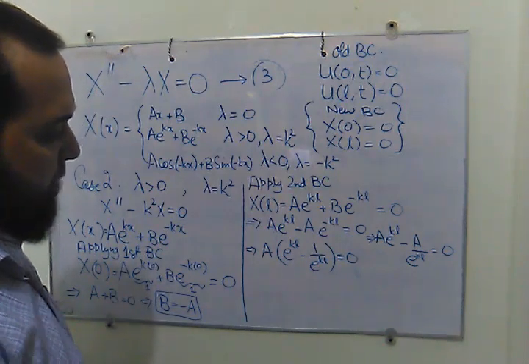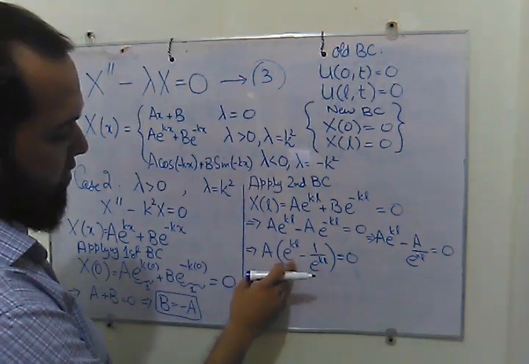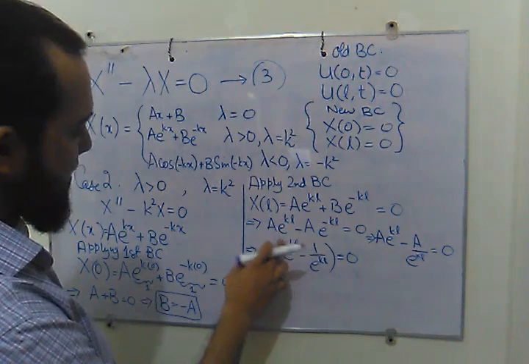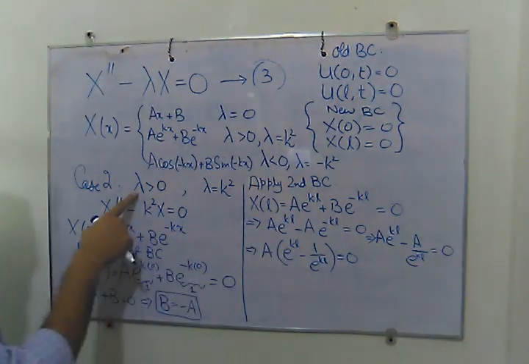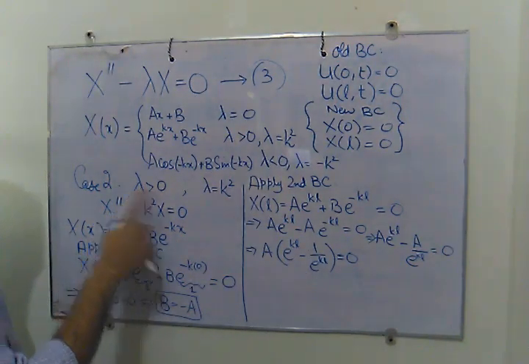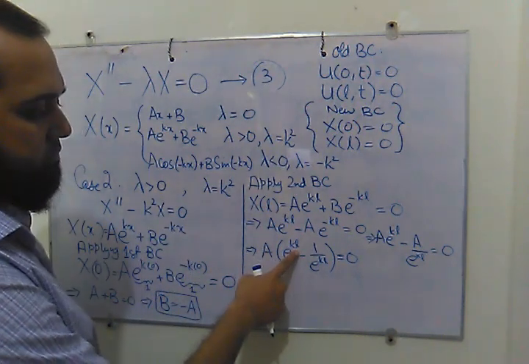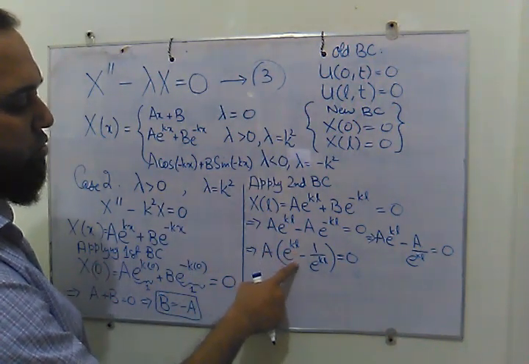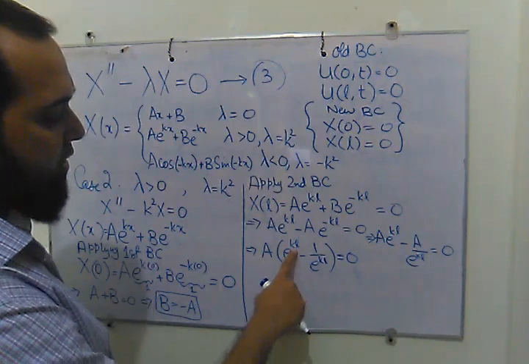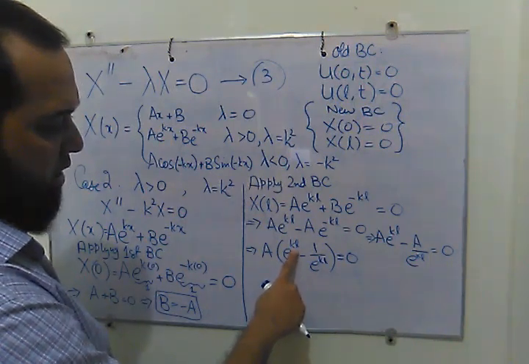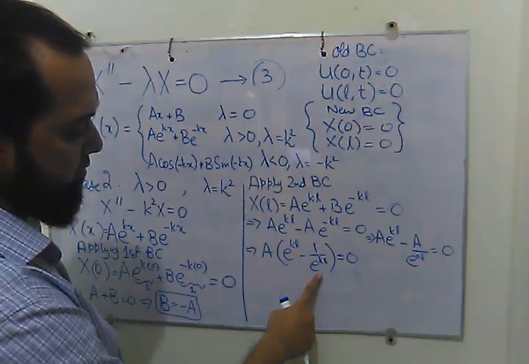So we have to decide whether a is equal to 0 or the bracket term is 0. When we see the bracket term, the exponential has the power kL, where k we have already defined as greater than 0, and L is the length. So the exponential has a positive value, and the same term appears here.